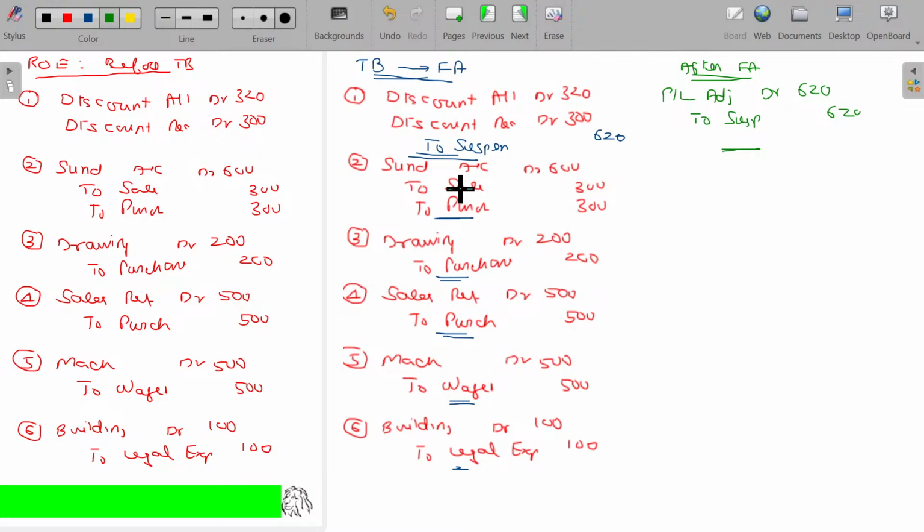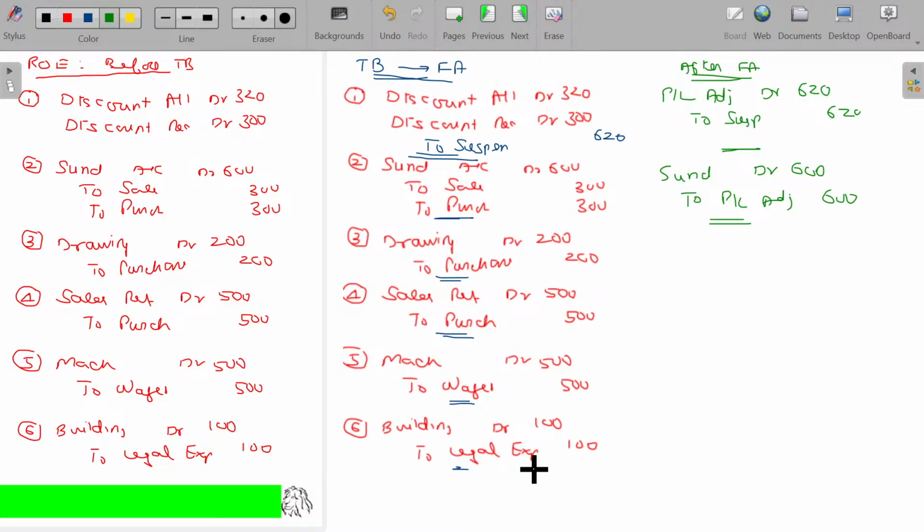Second entry, sales and purchase are both nominal accounts, and will now be replaced with P&L adjustment account. So Sundaram account debit to P&L adjustment account, the value being 600. Drawings and purchase. Purchase is a nominal account.